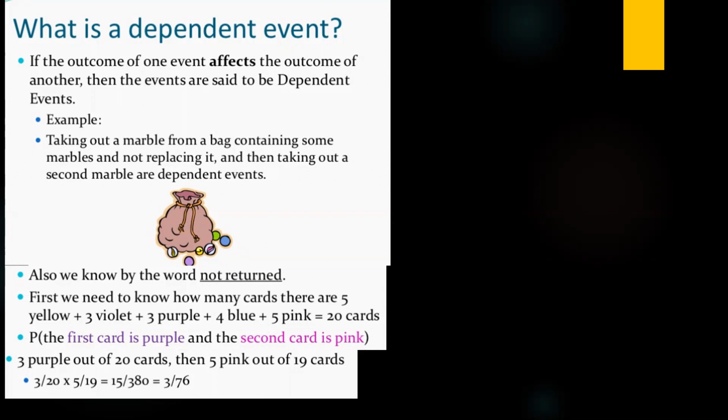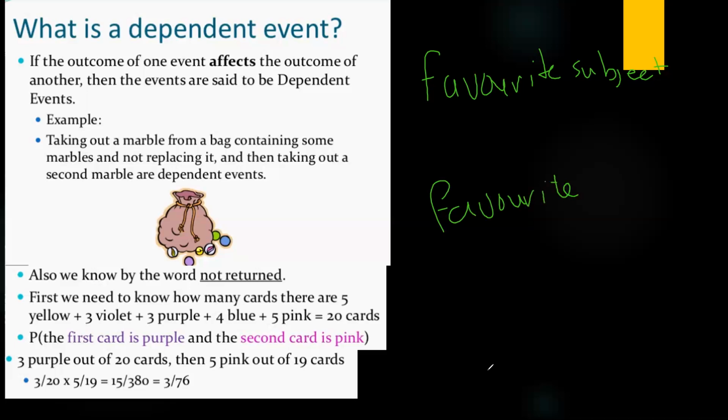Like, if I ask you a question, what is your favorite subject? And what is your favorite color? Now think about them. What is your favorite subject and your favorite color?